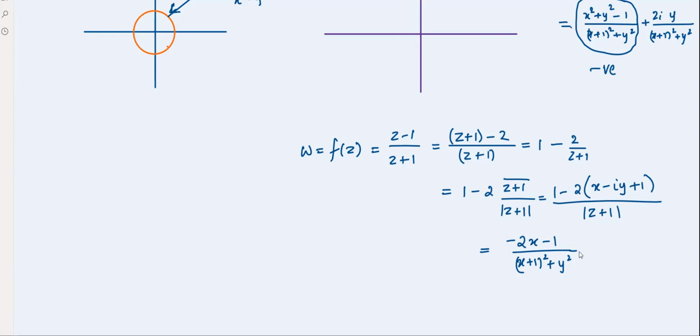Correct. This is only for this. One minus 2 into x plus 1.